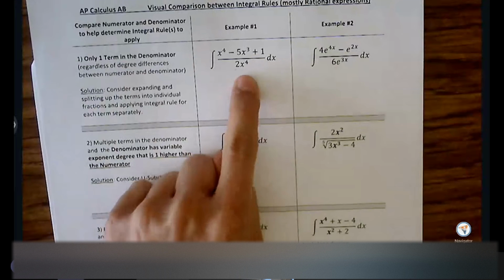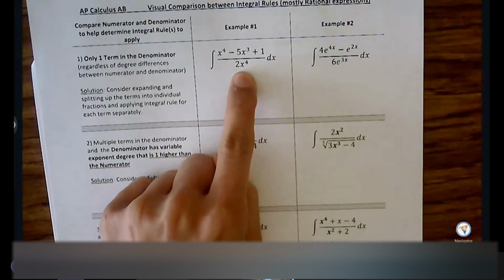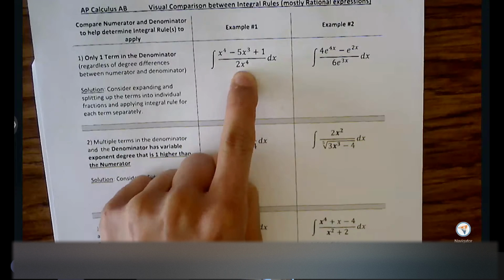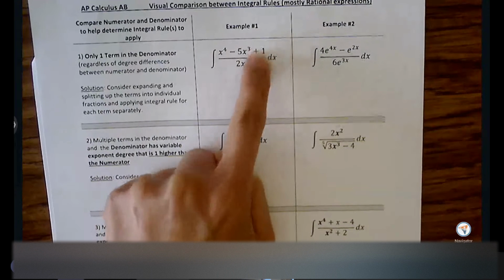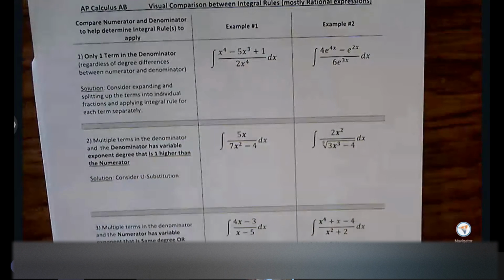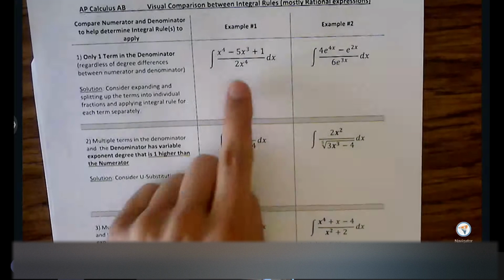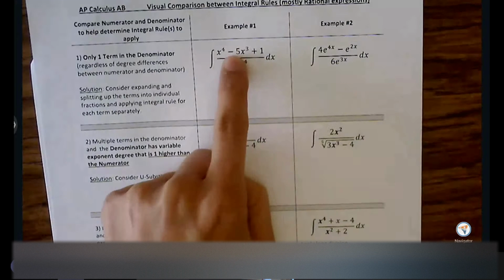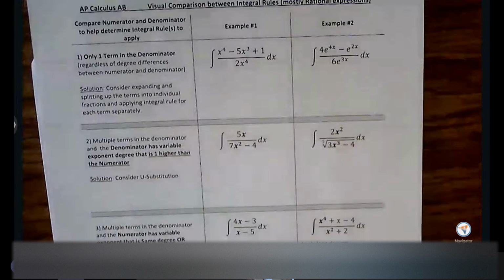If there's only one term in the denominator, that's a good indication that we want to split into individual terms, divide and conquer. We split into individual fractions, and then we can treat each like a separate problem. Maybe it's power rule, maybe it's natural log, but we're able to split up into individual terms. Now this only works if your numerator and denominator are within the same family of functions.